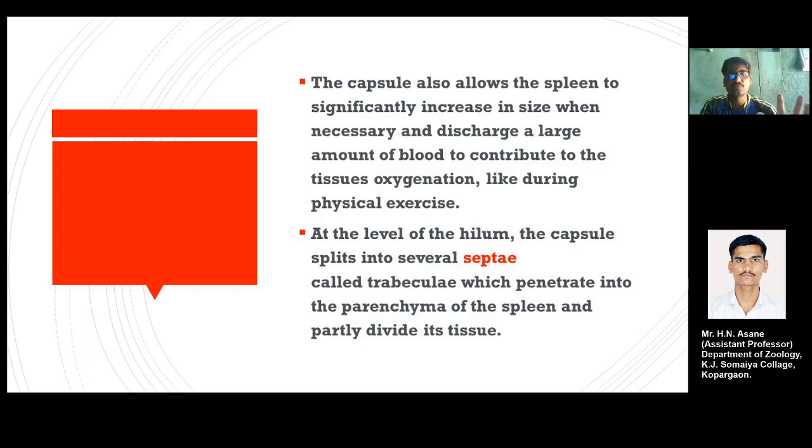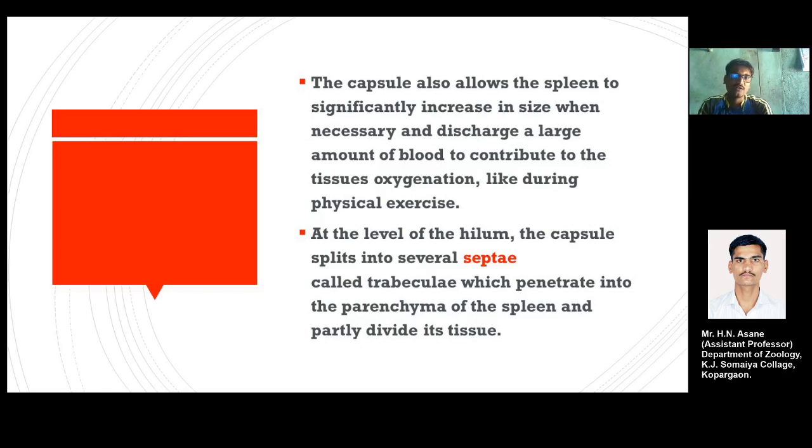That means it provides the ability to expand, and the discharge of the blood stored for some time contributes a large amount of oxygenated blood to the tissues, for example during physical exercise, when the spleen is working.